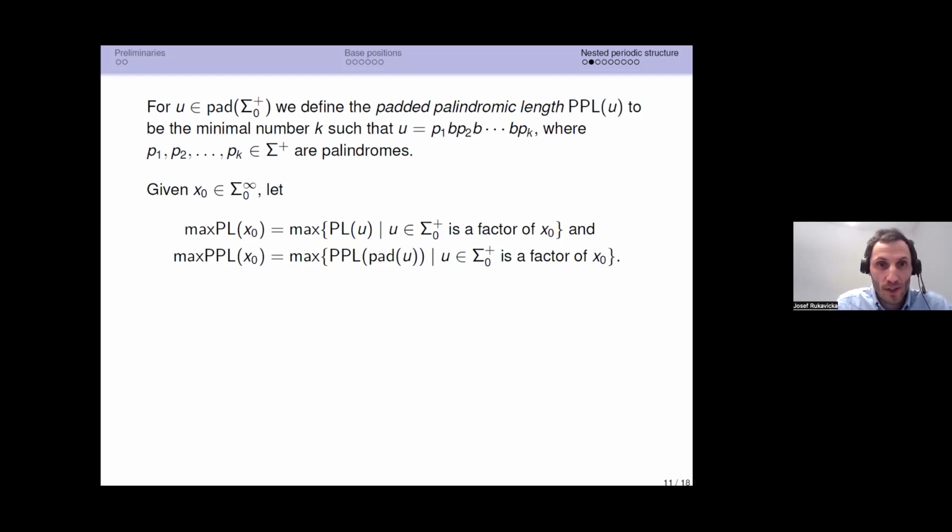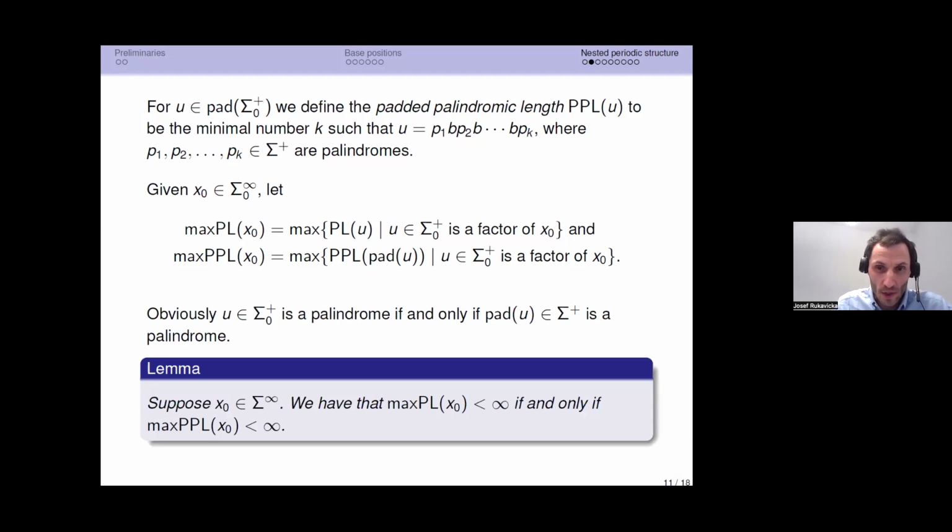Then for the infinite word, I define the maximal palindromic length and the maximal padded palindromic length as defined here. Over all the finite factors, I select the one with the maximal palindromic length or the padded palindromic length. And I show, as I said, that for the conjecture there is no influence.